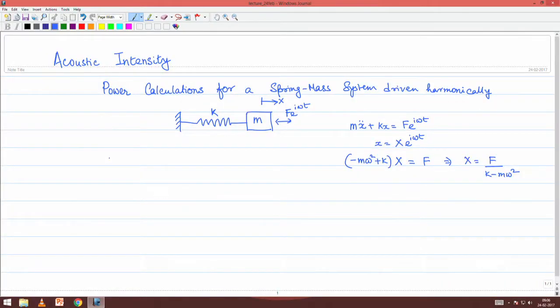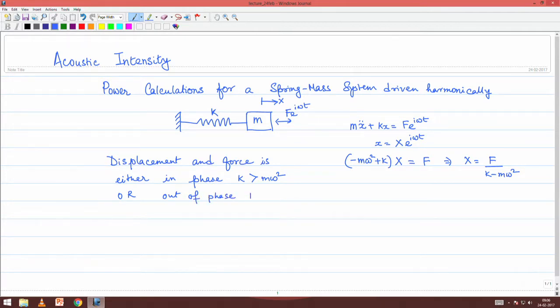So, readily we see from this formula that displacement and force are either in phase, which happens in the low frequency zone, that is k greater than m omega square, or out of phase, which happens in the high frequency zone when k is less than m omega square.